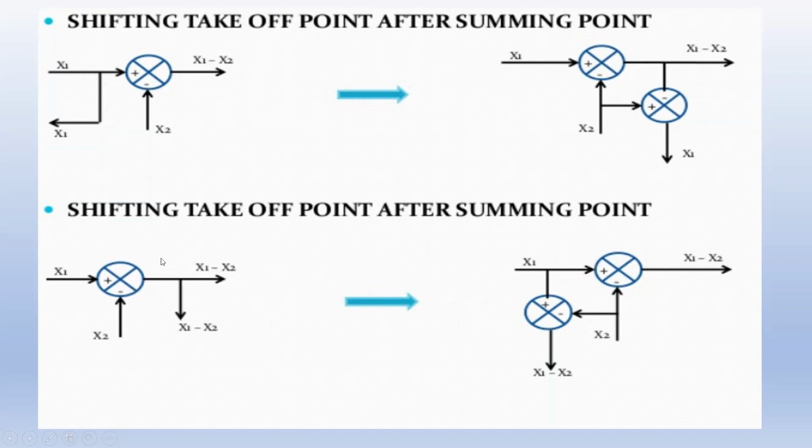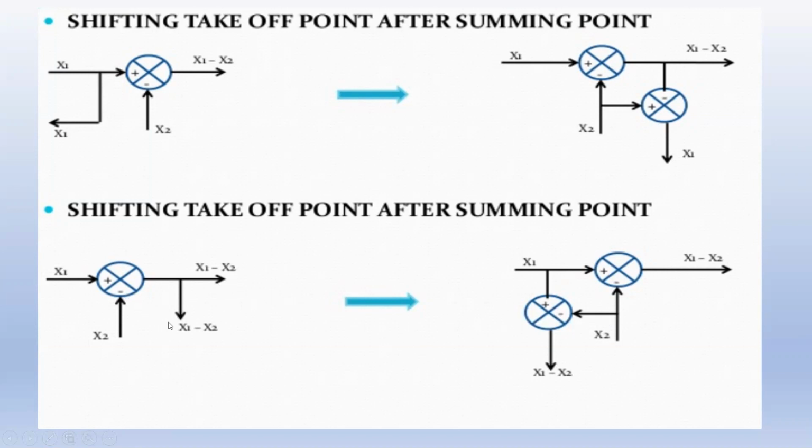If we shift this summing point over here, we have only x1 at this takeoff point, because the takeoff point is moved to this position. What we need is x1 minus x2, so we need to add another summing point after this takeoff point.